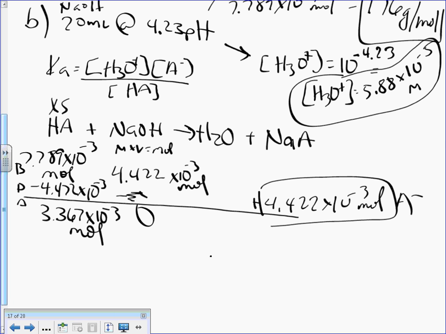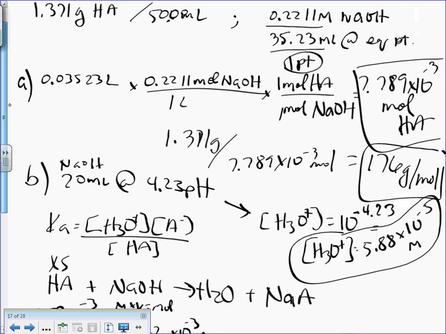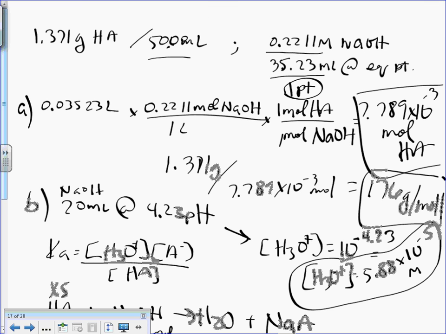So what do I do from there? So I have the moles of the acid remaining. This is HA. I have the moles of product made, which is A minus because it's in a 1-to-1 ratio. Divided by what? How many liters? So it's how many milliliters of the acid that we have to begin with? 50 right there, and then plus the 20 that we have in this reaction.